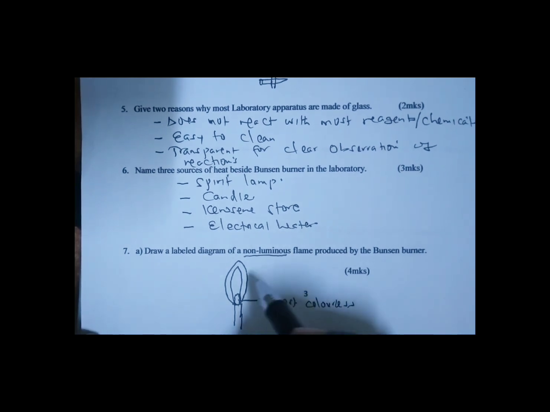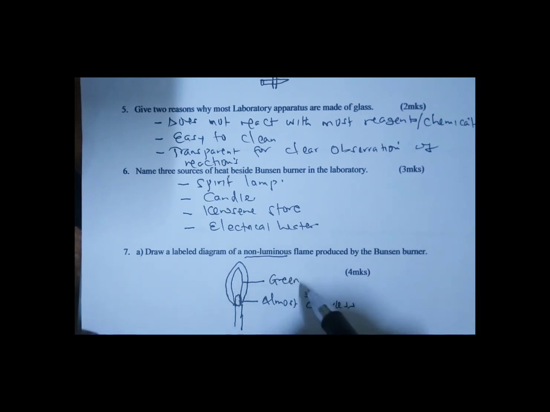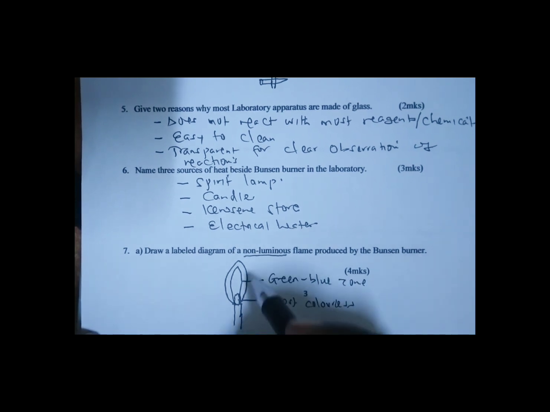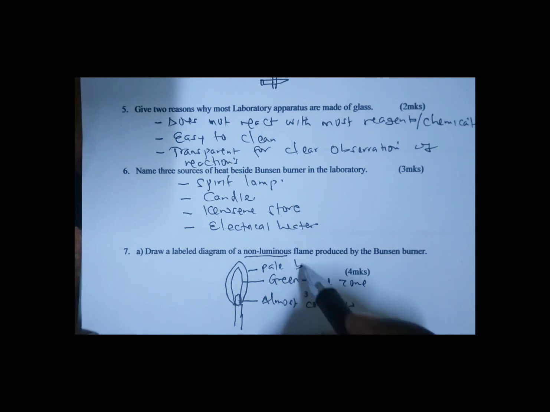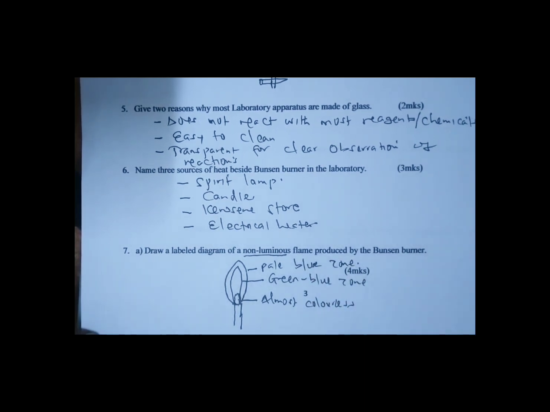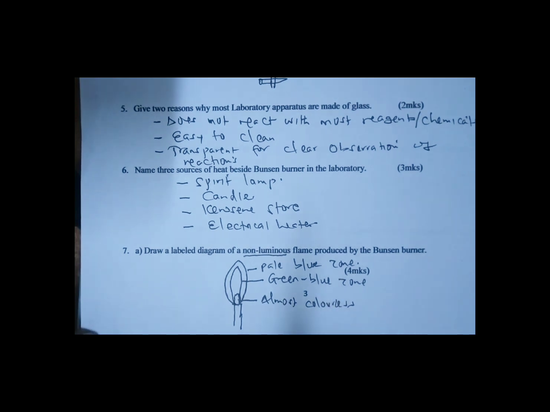We have this middle zone here which is the greenish blue zone. We have the outermost which is the pale blue zone. Those are the three zones of a non-luminous flame.